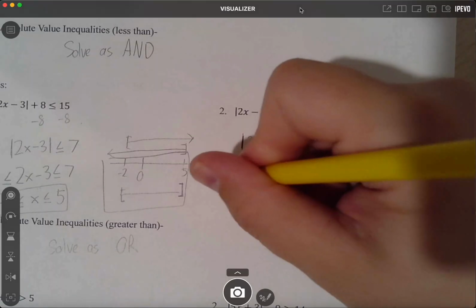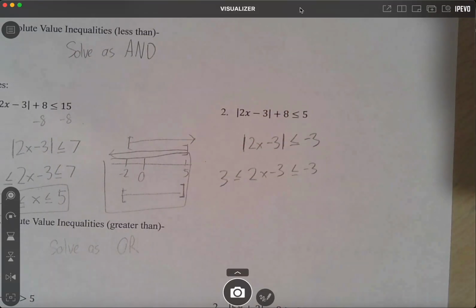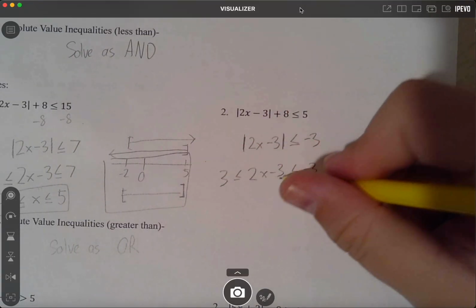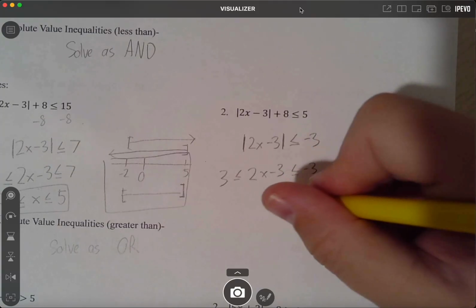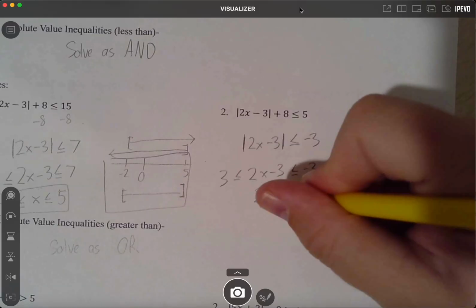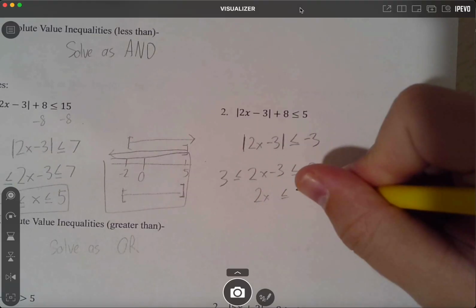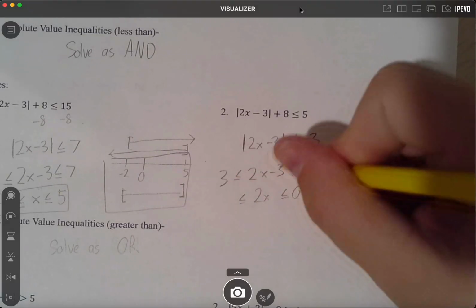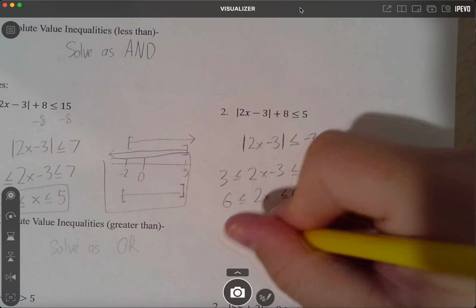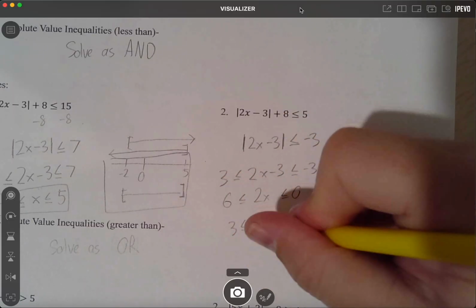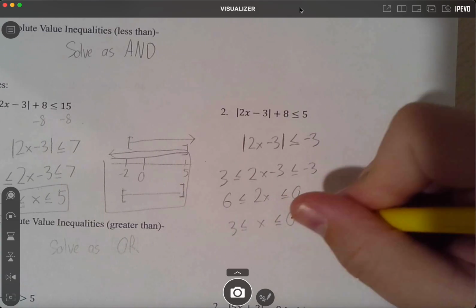Inequality matches, write the opposite version, which is now positive 3. And let's solve, and maybe see why this ends up being no solution. If I add 3 to both sides, do a little more work this time. If I add 3, I get 0. If I add 3, I get 6. If I divide 2, I get 3. If I divide 2, I still have 0.